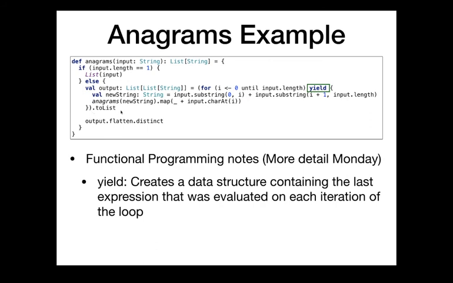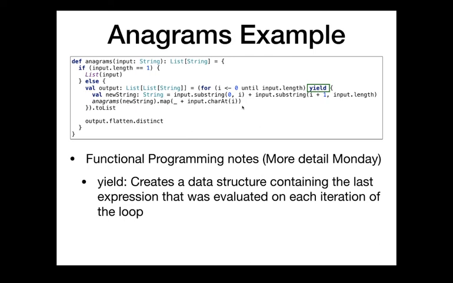So I throw this toList on the end as well to convert whatever data structure it ends up giving me into a list, so I can work in linked lists, so we can motivate the linked list part of the course. But yield is going to give us a data structure based on a loop, based on the last expression that's evaluated at each iteration of the loop.